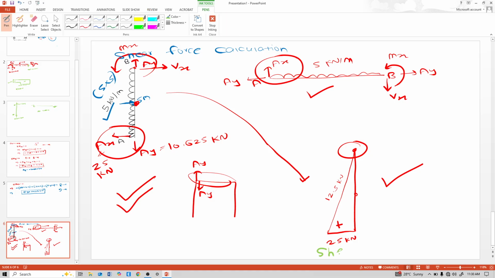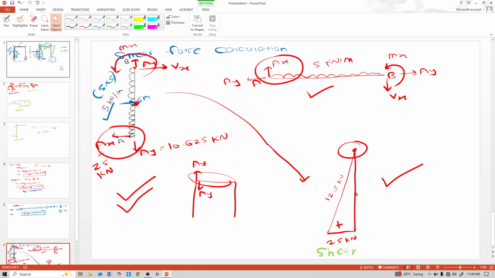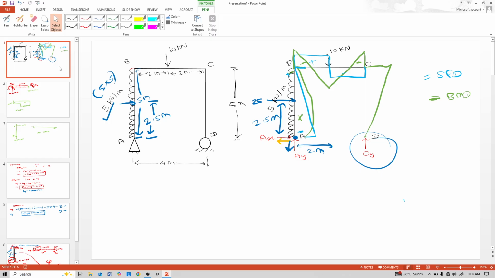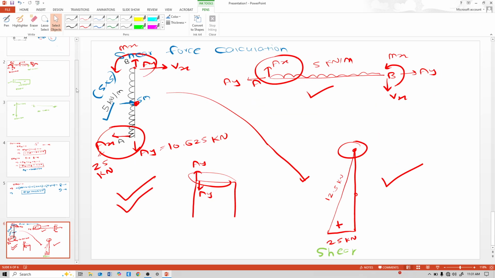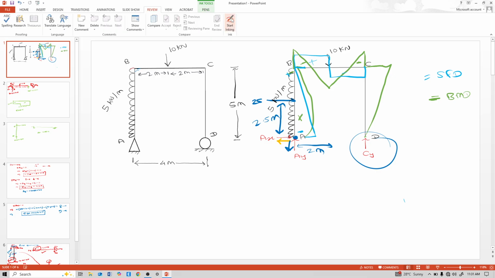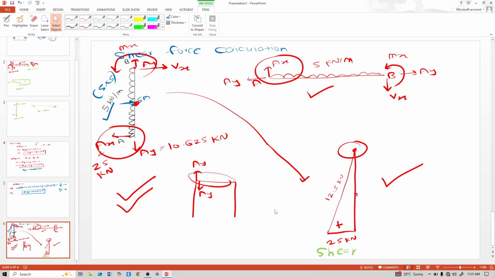This is shear. Now first draw the shear force diagram. For that element AB, here it is 25.0 and it is positive.